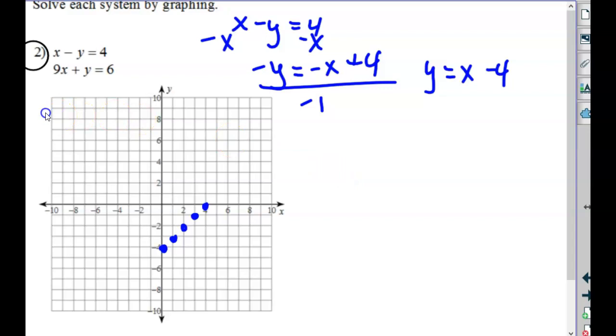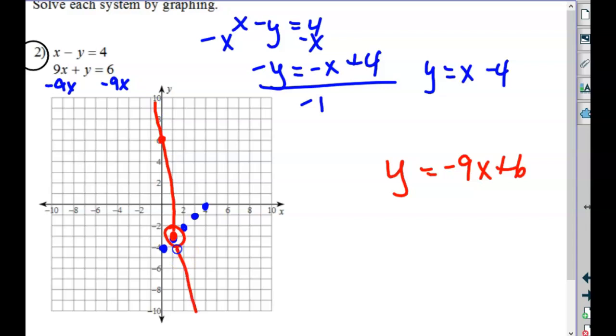Okay. The other one, if I subtract 9x over to the other side, we'll say y equals -9x plus 6. That one starts way up here, goes down 9 and over 1. So I think that's where they intersect right there.